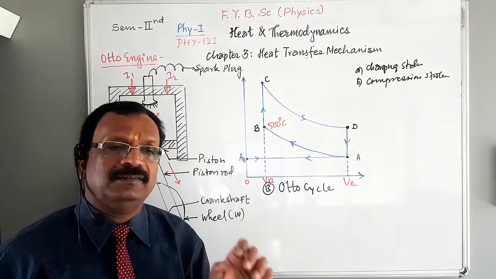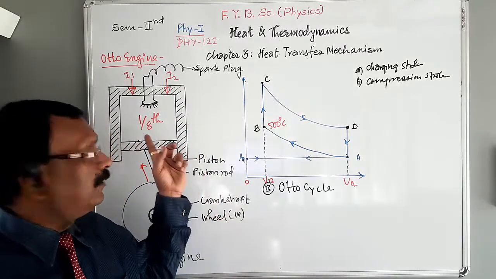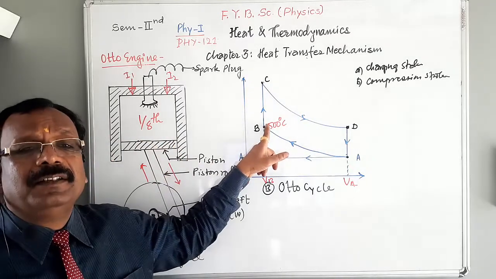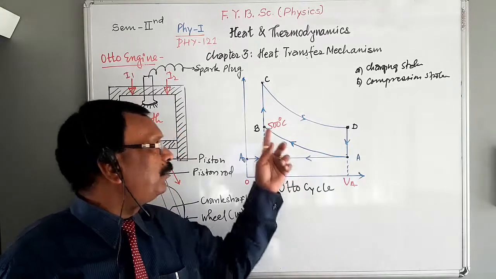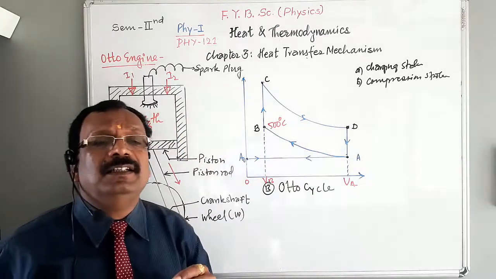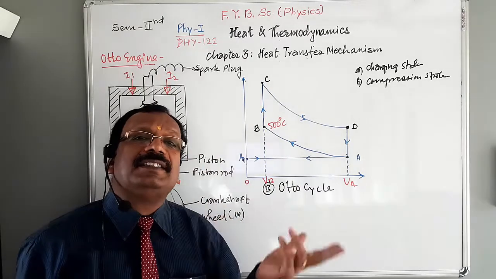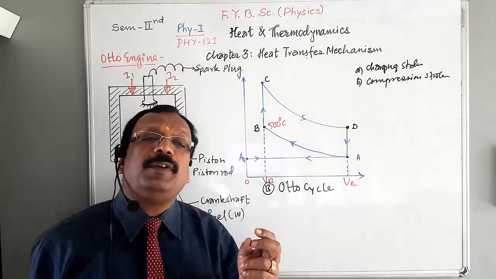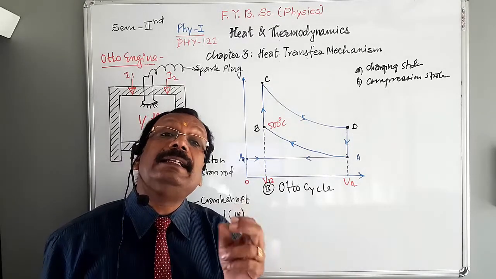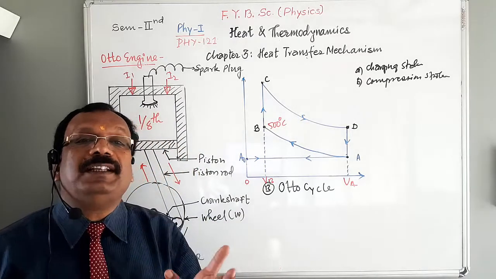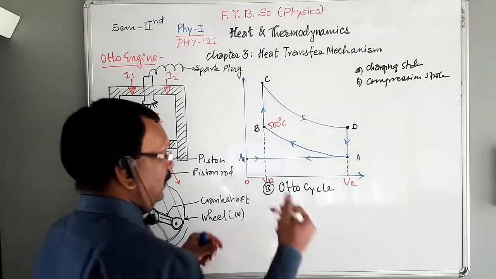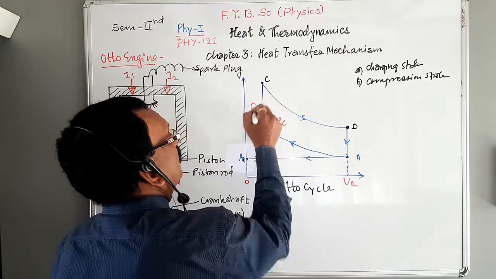At this point B, when the temperature rises to about 500 degrees Celsius, the spark plug produces an electric spark, and the mixture gets ignited. The petrol vapor burns quickly in a little explosion, producing an amount of heat, say Q1.